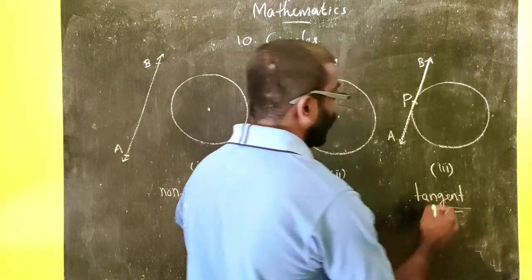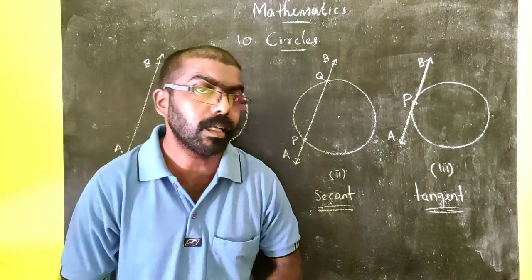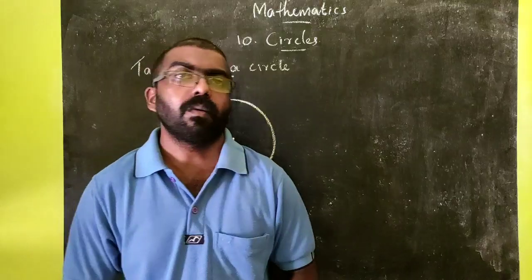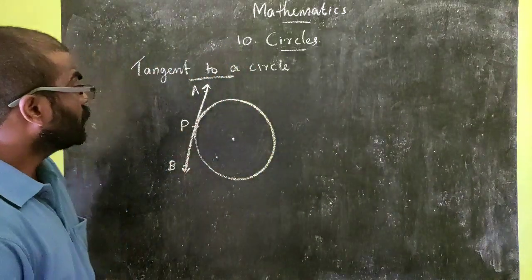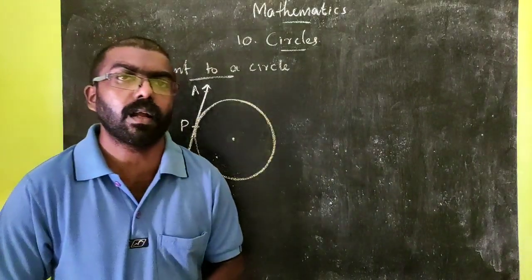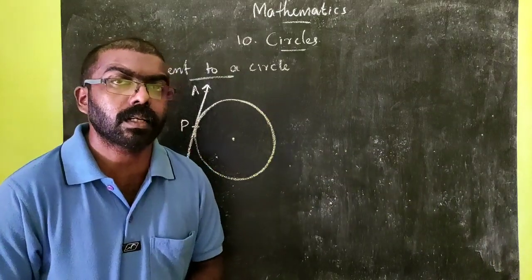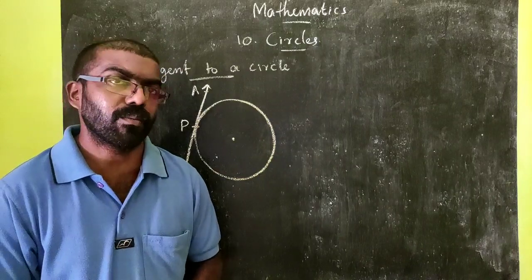If the circle and a line have only one common point, then we say the line is a tangent to the circle. A tangent to a circle is a line that intersects the circle at only one point. I repeat, a tangent to a circle is a line that intersects the circle at only one point.